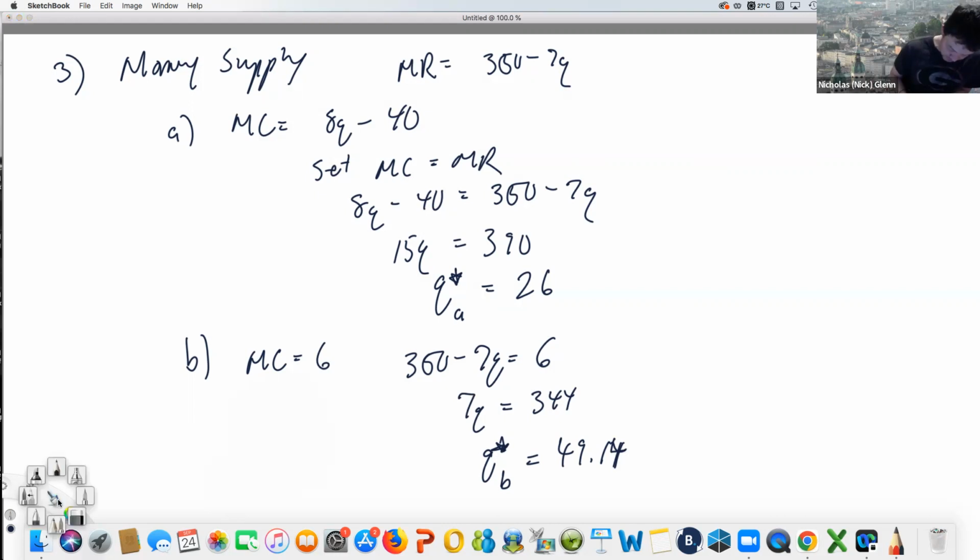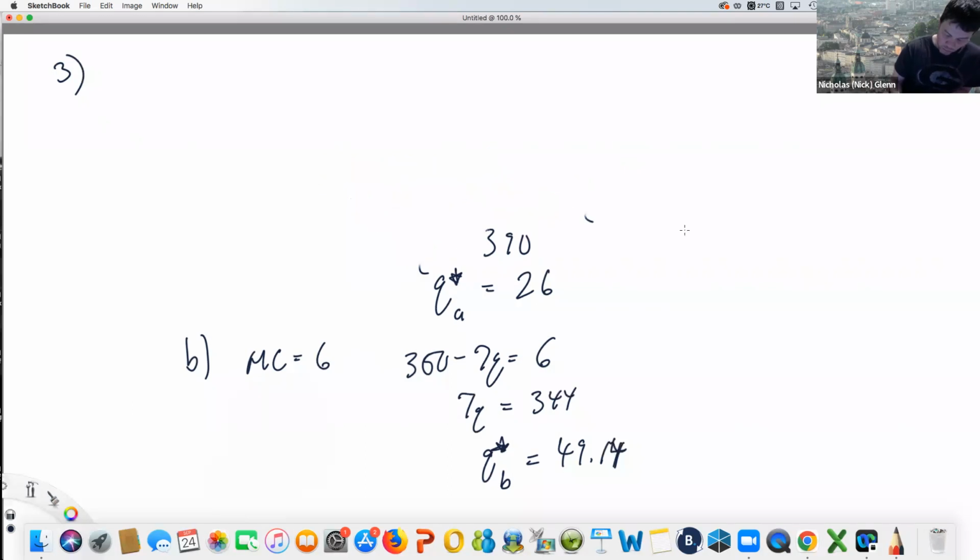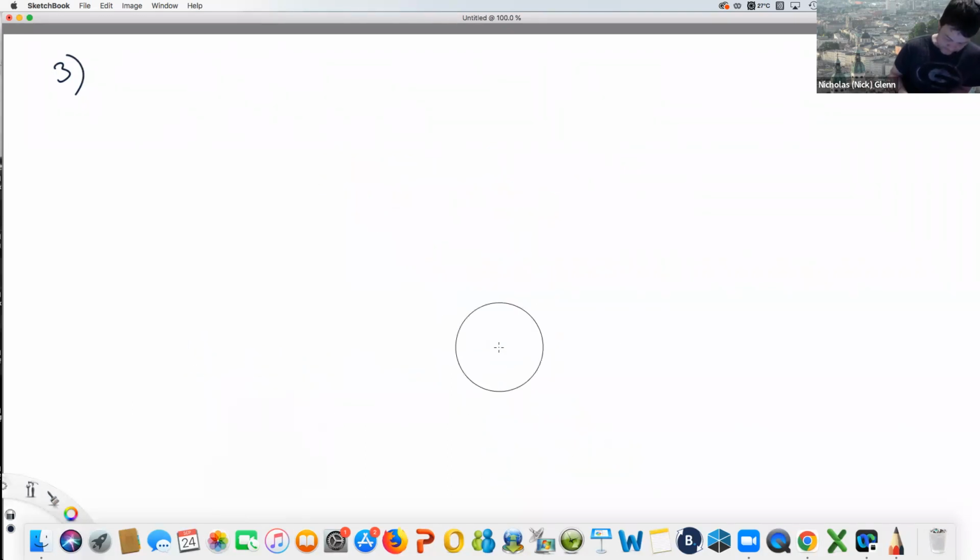Let's erase this. All right, C. So here we have our marginal revenue and marginal cost on the y-axis.